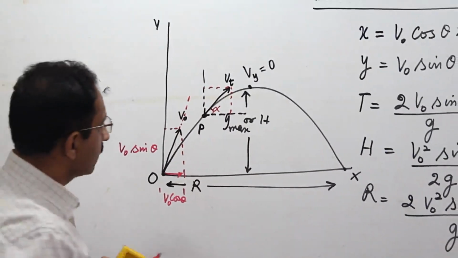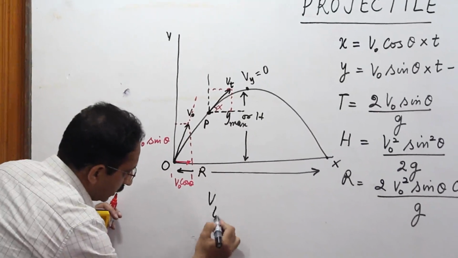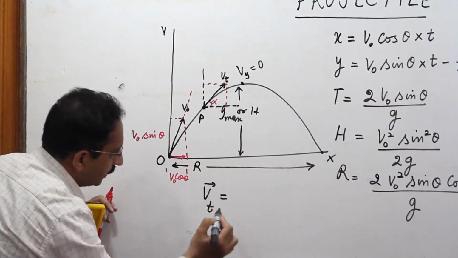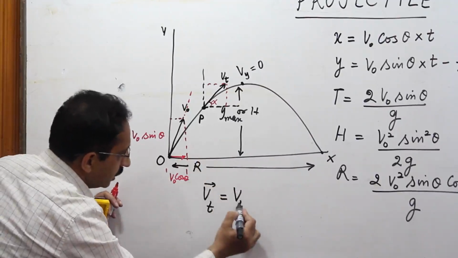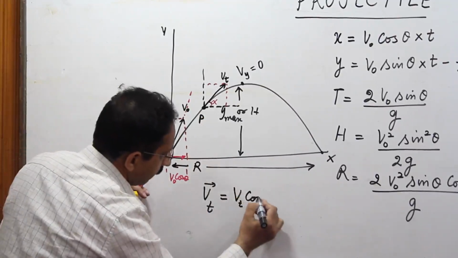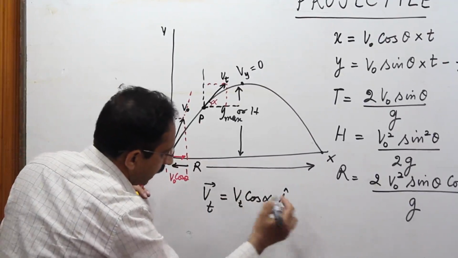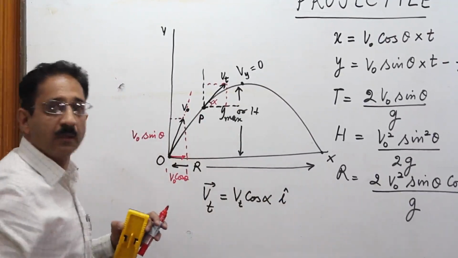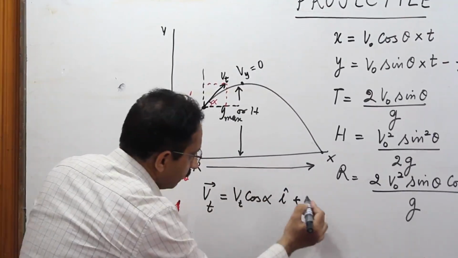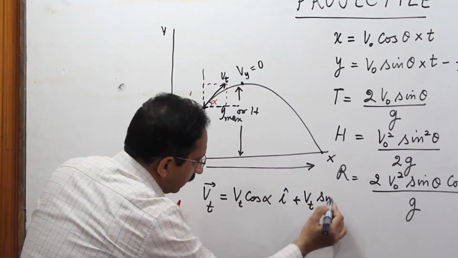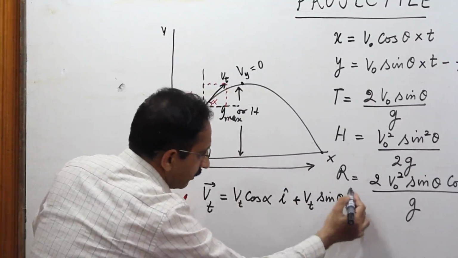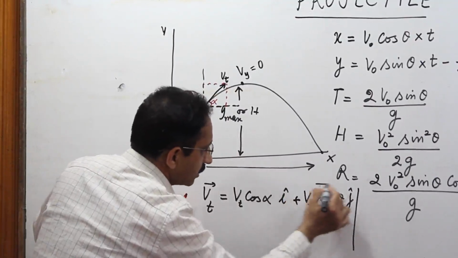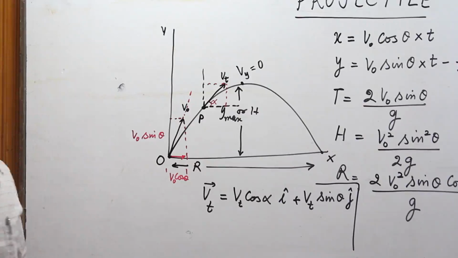So I can write something like this, that velocity vt which we are talking at point P is equal to जो इसका x component है that is vt cos alpha i cap gives that it's a component along x-axis plus vt sin alpha, that is this vt sin alpha into j cap. J cap indicates that it is a velocity along y-axis.